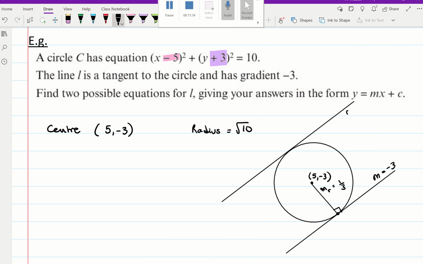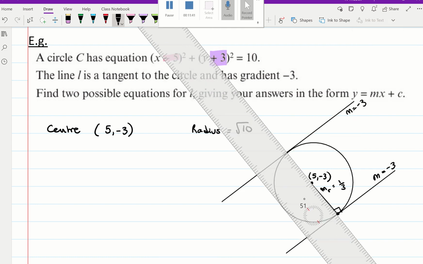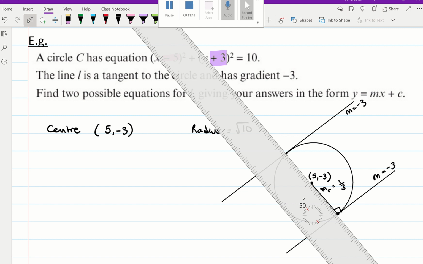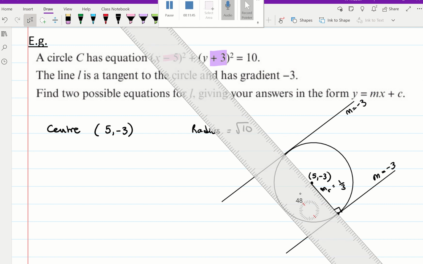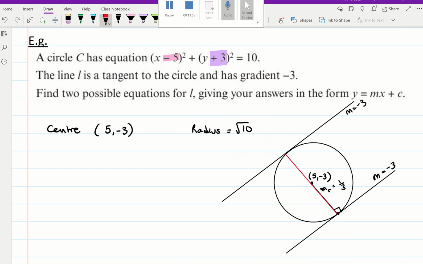So the gradient is going to be negative 3. The radius is extended to make a diameter that cuts. Okay, so you can have two tangents, the same gradient, but it would have a different y-intercept.